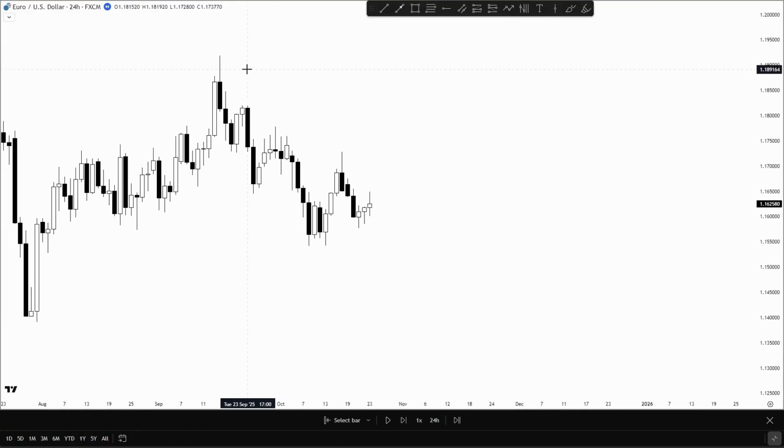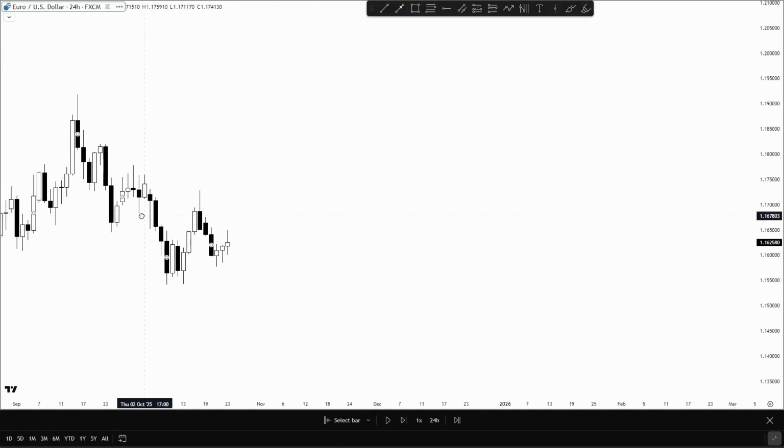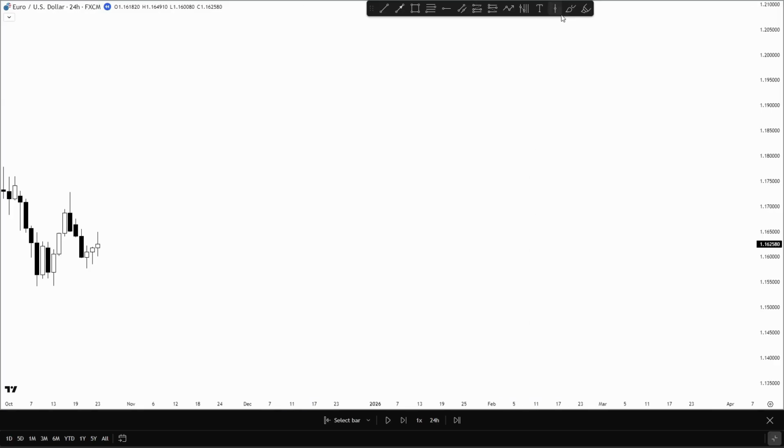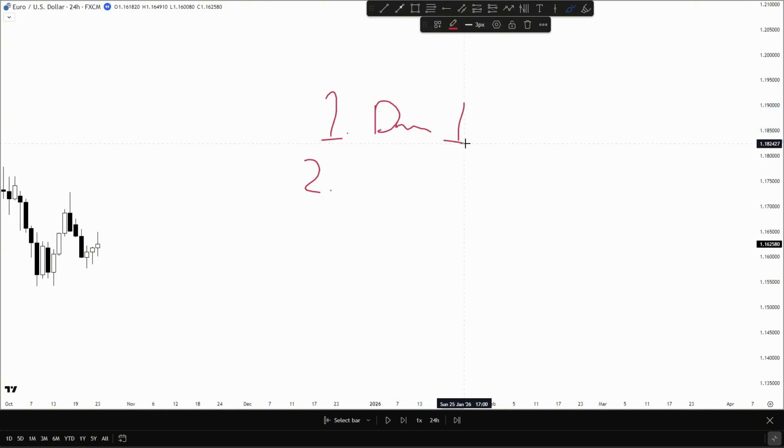So first of all, if you watched chapter 2, then you know that we have two steps or two components for determining a directional bias. The first step is determining or building a directional idea through the concepts within the structure component.